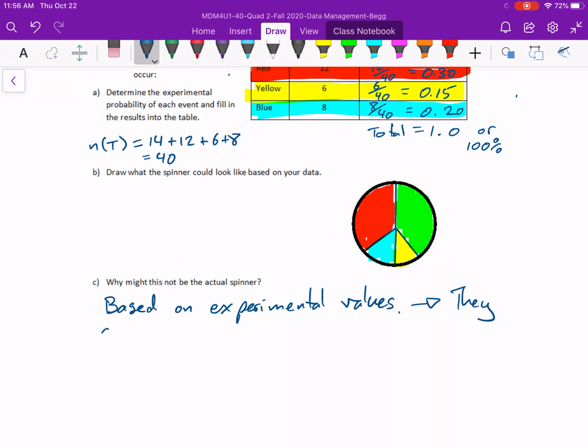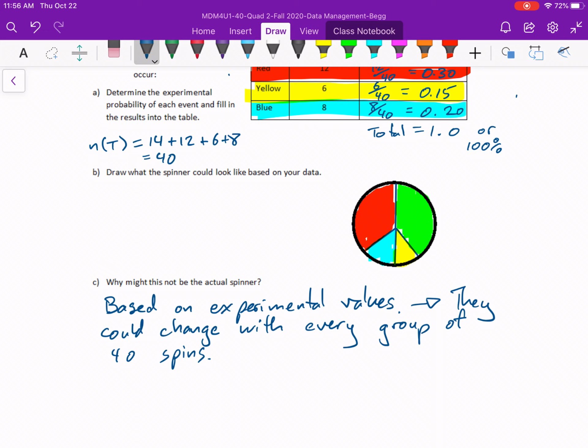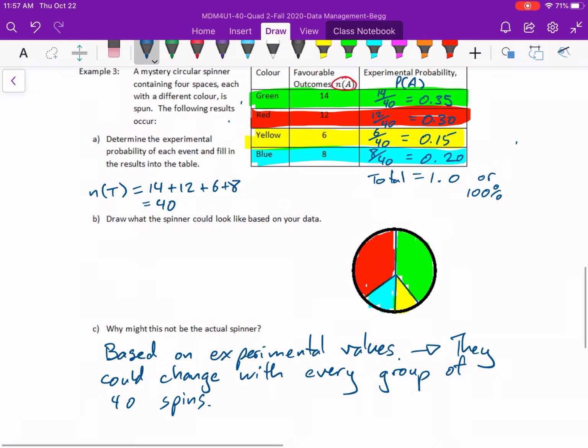They could change with every group of 40 spins. So in other words, this is one group of 40 spins. I'm thinking of that as one whole experiment with 40 trials. What if I did another group of 40 spins with 40 trials? Chances are it wouldn't work out exactly the same.